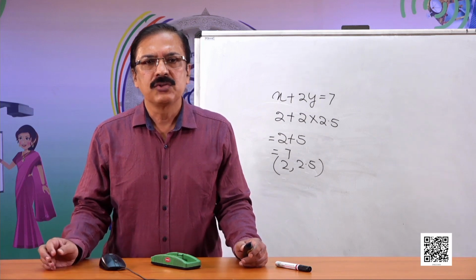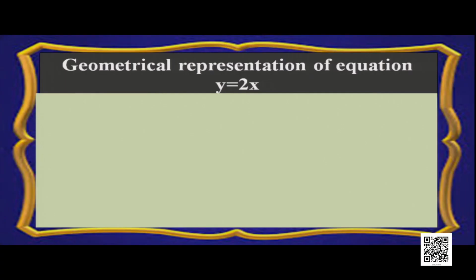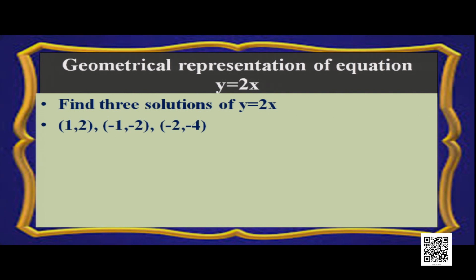Now see the geometrical representation of the equation y is equal to 2x. For that, find three solutions of y equal to 2x. Let's have a look at the solutions. If we put the value of x as 1, then the value of y will be 2 into 1, that is 2. If the value of x is minus 1, then the value of y is 2 into minus 1, that is minus 2.